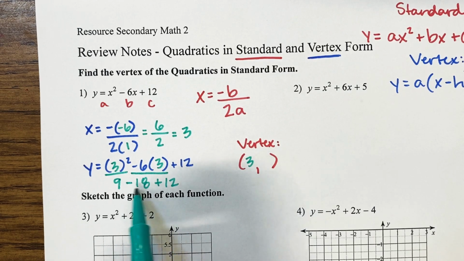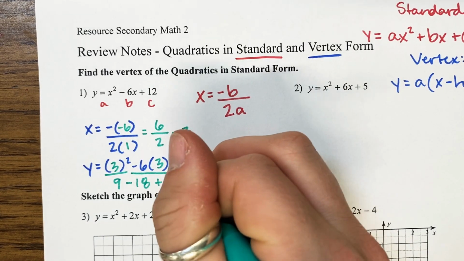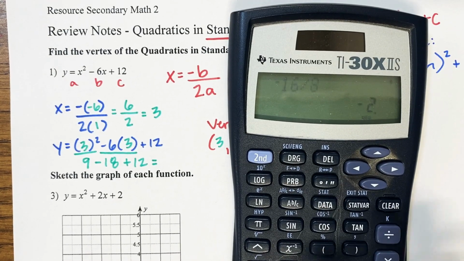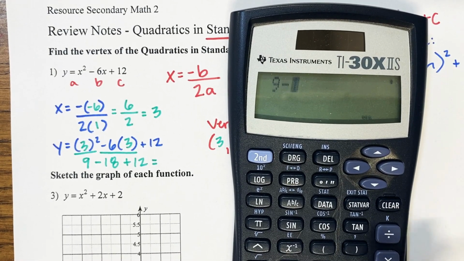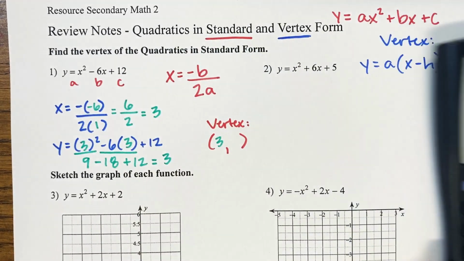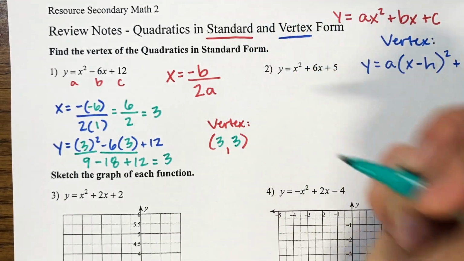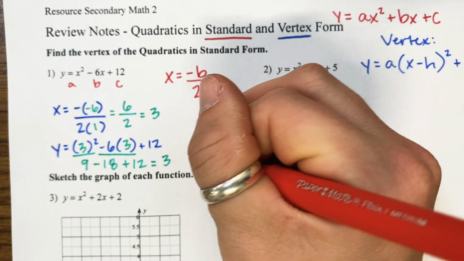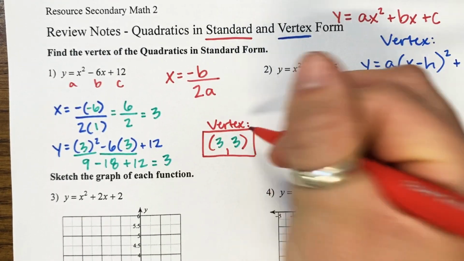Now all we're dealing with is adding and subtracting, so we can just do this from left to right, and we can even plug it into our calculator. So 9 minus 18 plus 12 gives me a positive 3. So our vertex for number 1 is (3, 3).